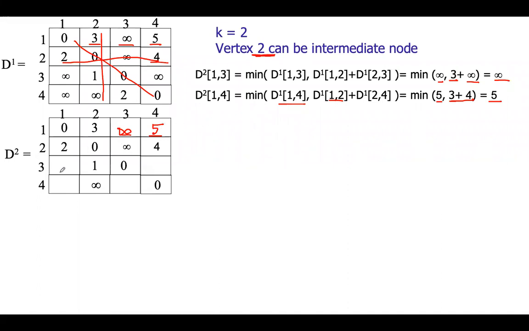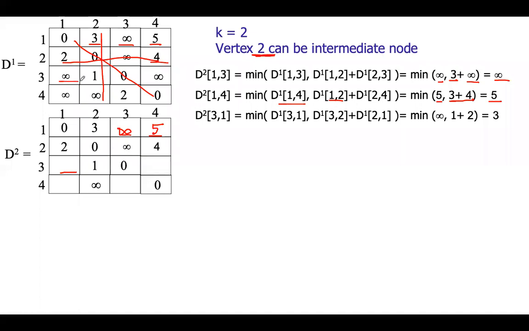Next, we have to find out D2 of 3 comma 1. D2 of 3 comma 1 is equal to minimum of D1 of 3 comma 1. D1 of 3 comma 1 is infinite. Next, intermediate vertex is 2, 3 to 2 and 2 to 1. 3 to 2 is value 1, and 2 to 1 is 2.